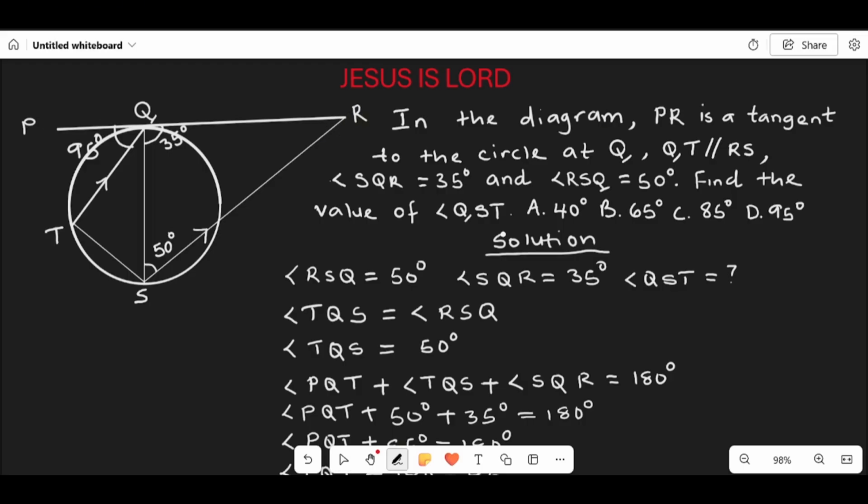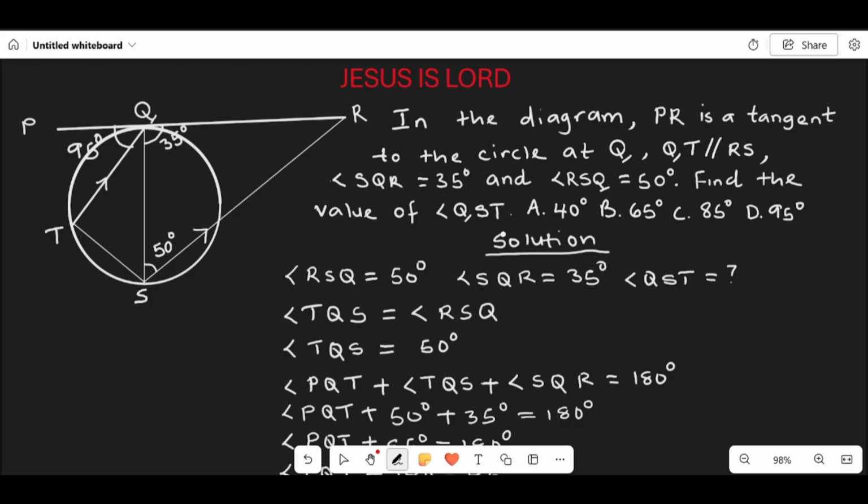And according to the tangent-chord theorem, which says the angle between a chord and a tangent is equal to the angle in the alternate segment, the theorem says angle PQT is equal to angle QXT, which is the angle in the alternate segment.